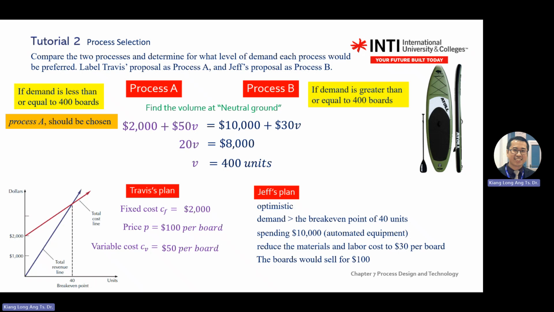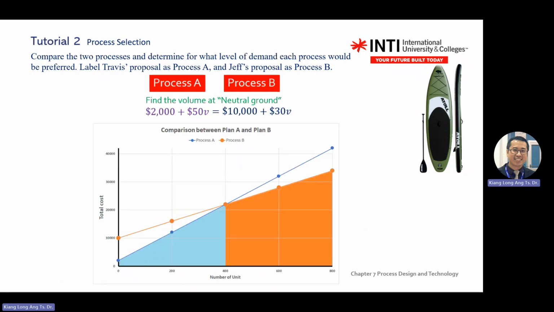However, if your demand, your order, is more than 400, you will go to process B. If you put in 500, process A will give you more cost.